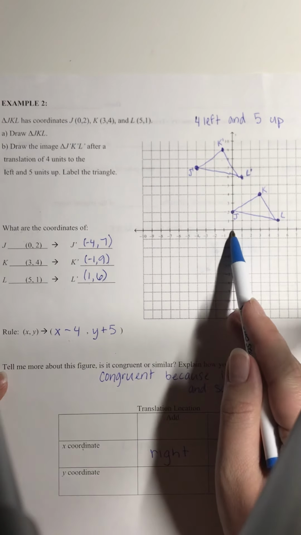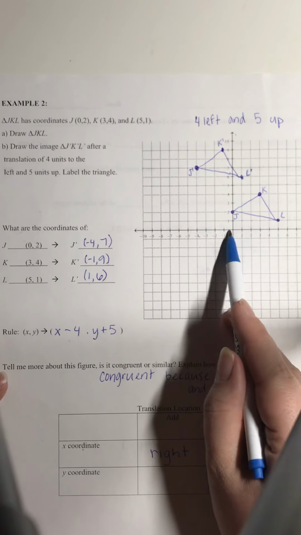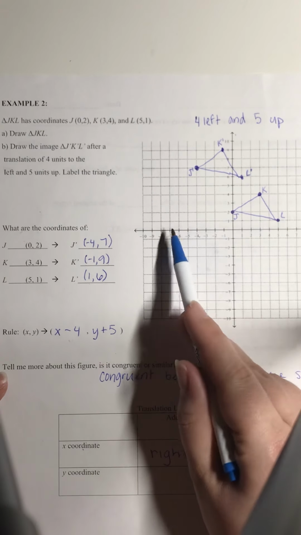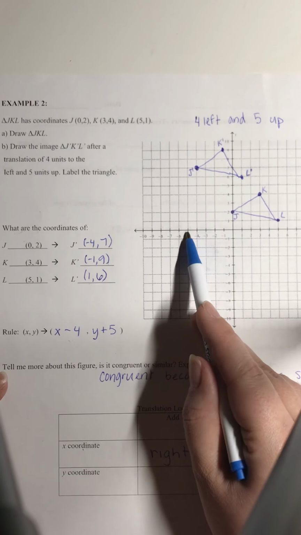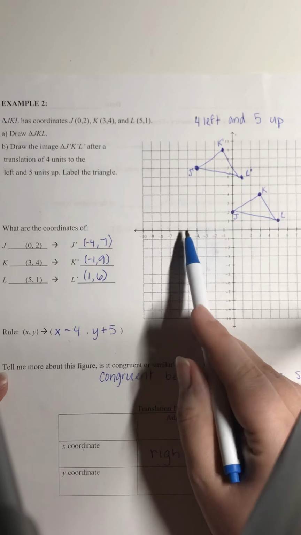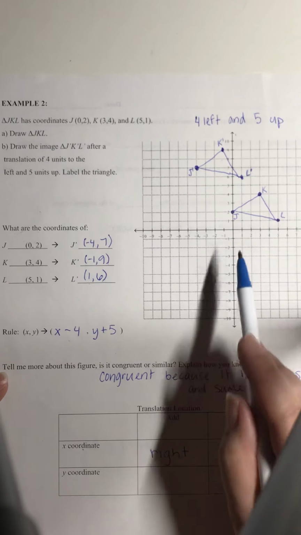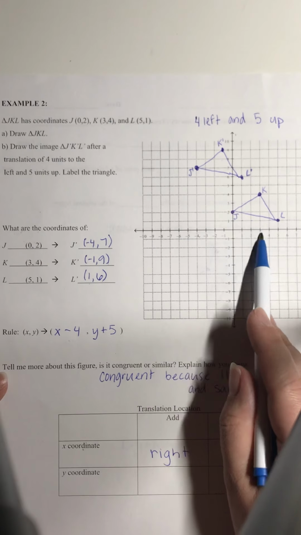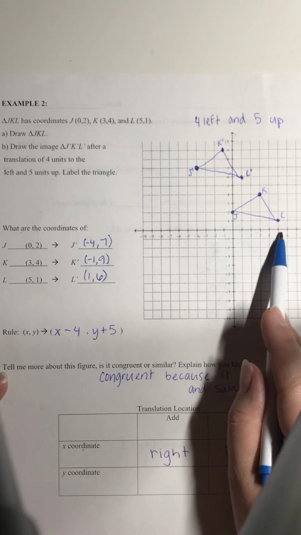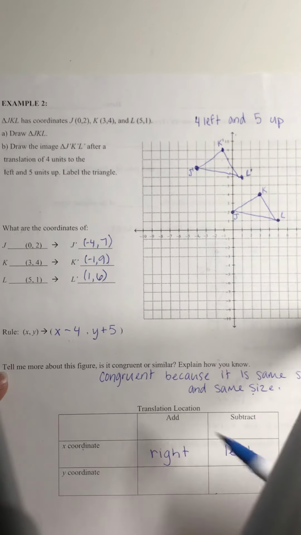So just think about it this way. When you're on your coordinate grid, to the left is the negative numbers. So anything negative would be to the left. Anything to the right is positive, so any positive number is going to be moving to the right, and vice versa, right?